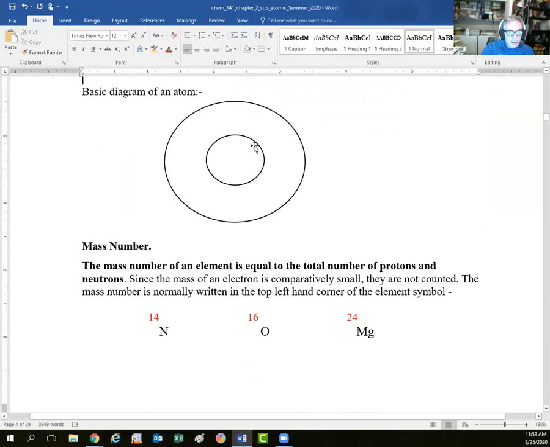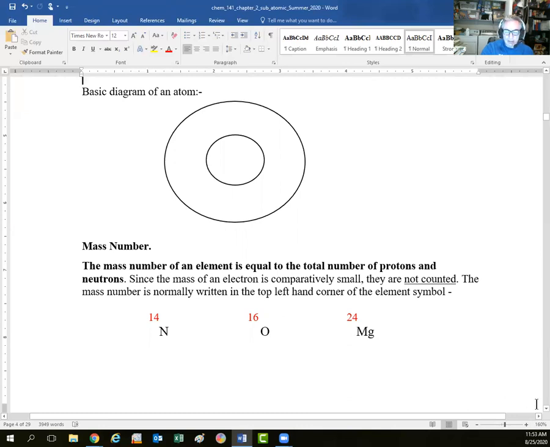So the nucleus, like the nucleus of a cell, is where all the mass of the atom is, with protons and neutrons. And then circulating like satellites in space around that nucleus are the electrons, locked in place because of their attraction for protons in the nucleus and also their repulsion for neighboring electrons that keep them in place.